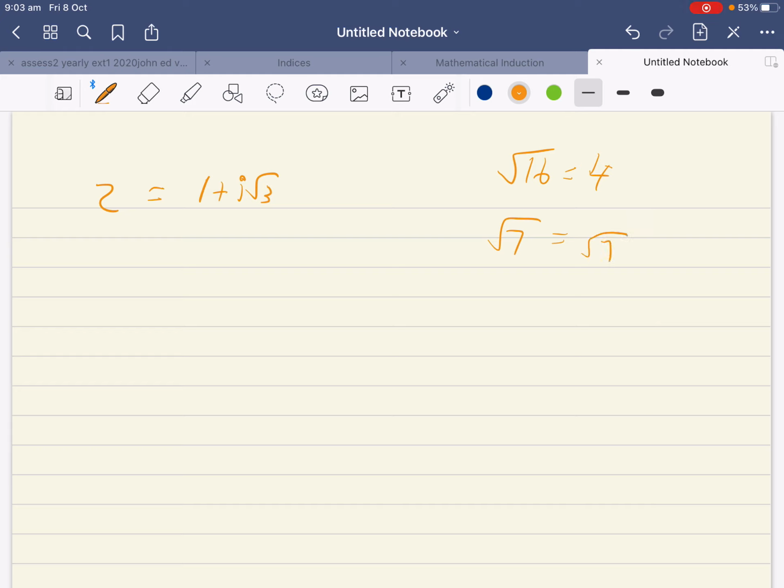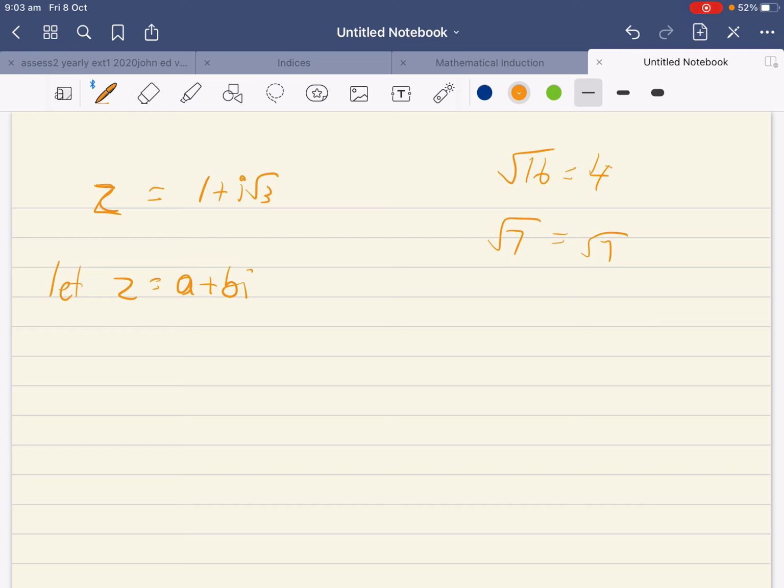What do you do with complex numbers? Well, what we do is we say, hey, let Z be A plus Bi, for example.